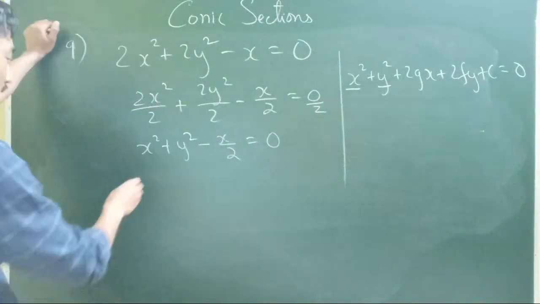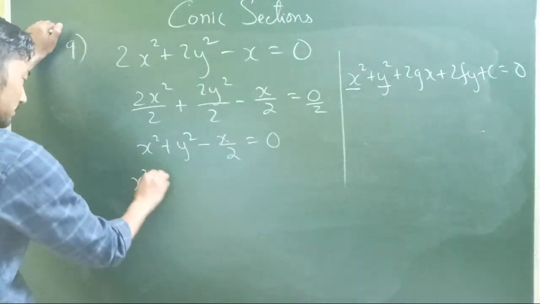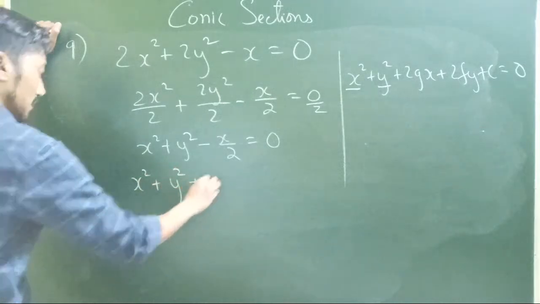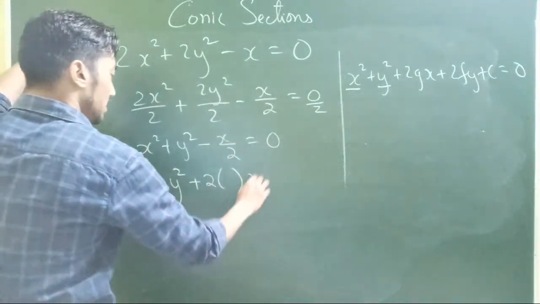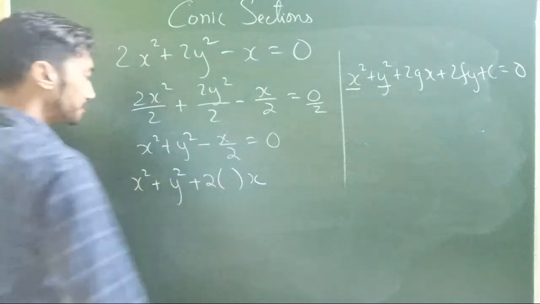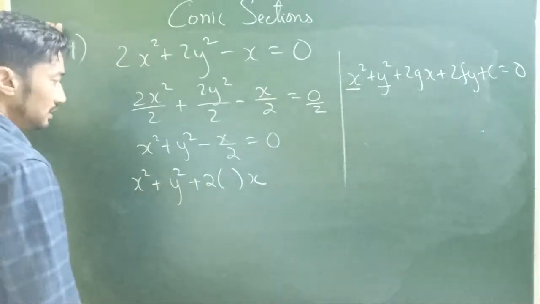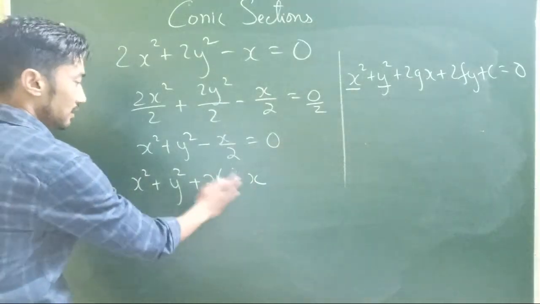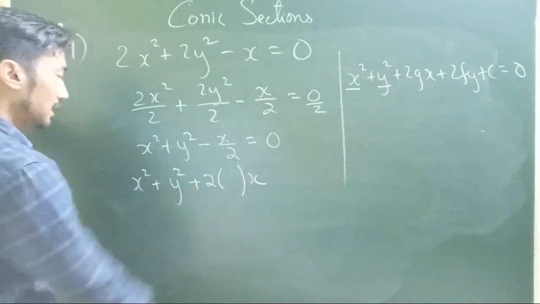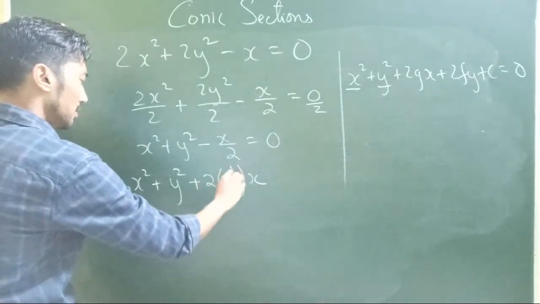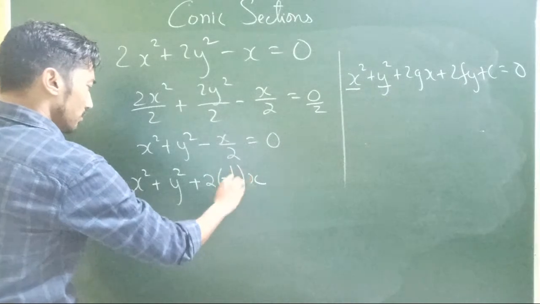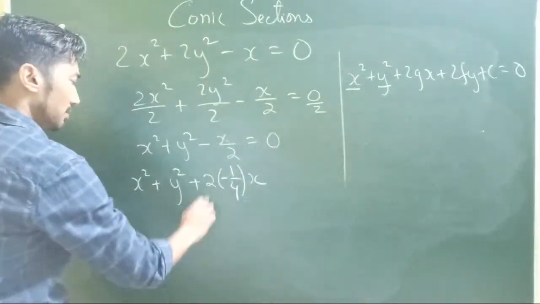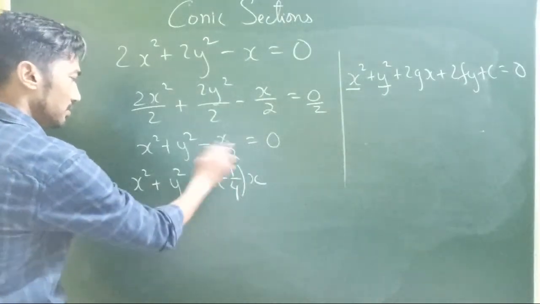Now let's convert this. Plus twice of gx. So how much should this be? I believe I can write directly. Minus 1 by 4. 2 2s are 4, minus 1 by 2.